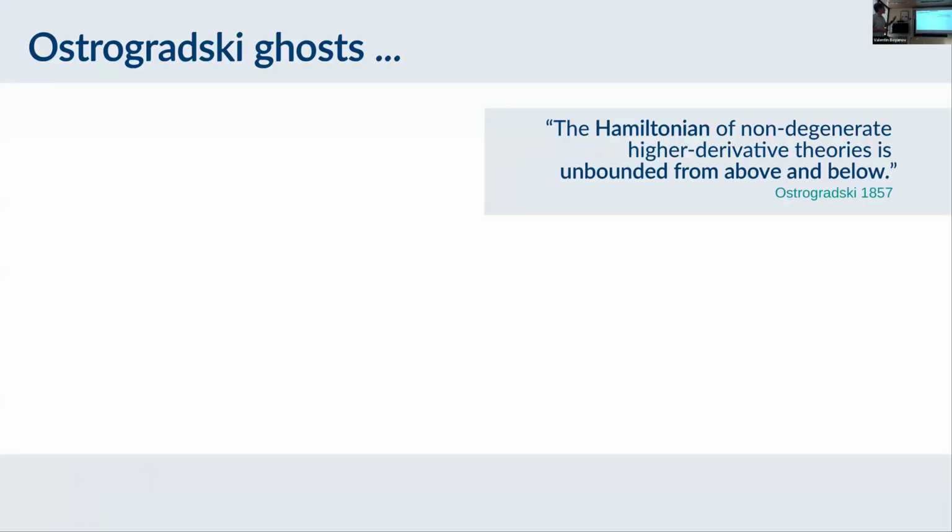I think all that matters for the talk today is that these Ostrogradsky ghosts are not an obstruction to well-posedness. And there's a quite obvious argument that one can make.